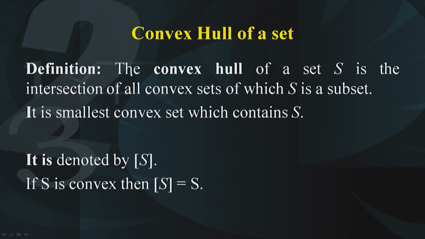So, the definition says that the convex hull of a set S is the intersection of all convex sets of which S is a subset.